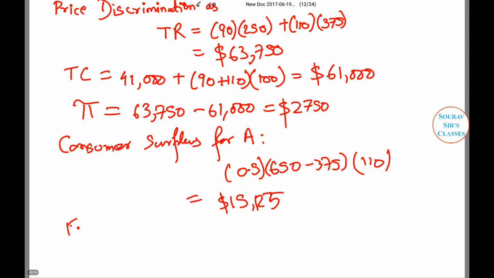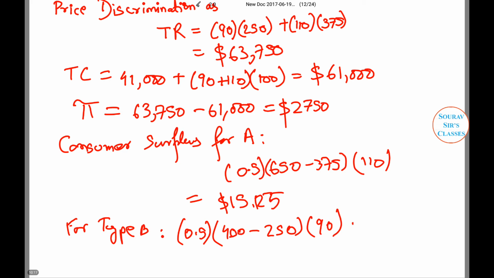Similarly, for type B, we have 0.5 times 400 minus 250 times 90, giving us $6,750. Thus, total consumer surplus equals 21,875.